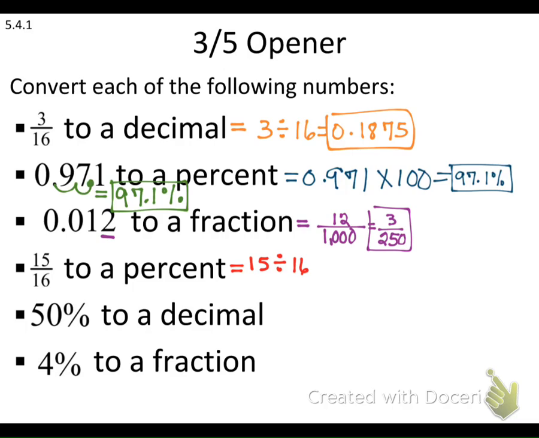Then we're going to multiply it by 100. Okay, so we're going to take the fraction and change it to a decimal, then change the decimal to a percent by multiplying by 100. And when you do that, what did you end up with? 93.75. And what should I have on the end of that? A percent sign.